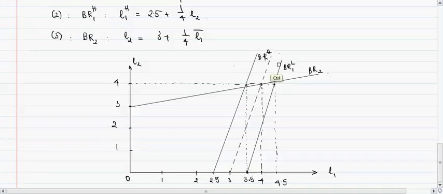Player 2 is going to respond to this dotted line.